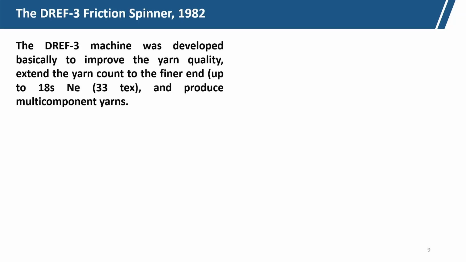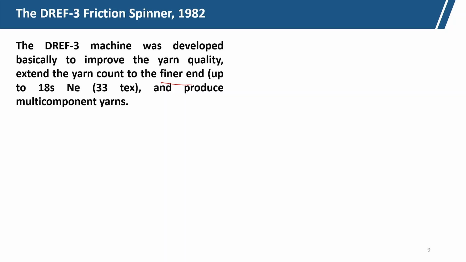After DREF 2, in 1982 they came up with their modified, improved version, which is the DREF 3 machine, to have better yarn quality and also finer yarn. Finer yarn we can develop, and in the DREF 3 we can produce multi-component yarns.